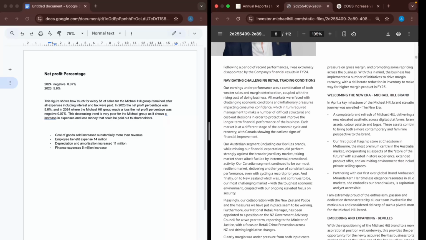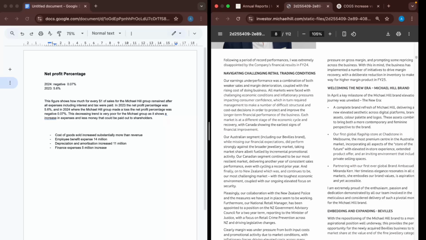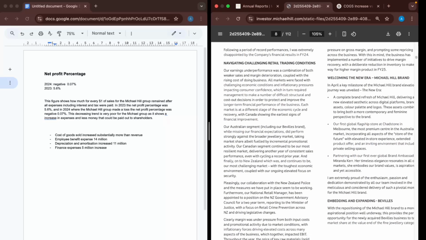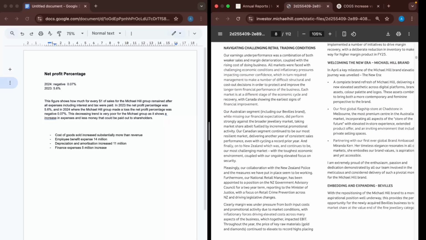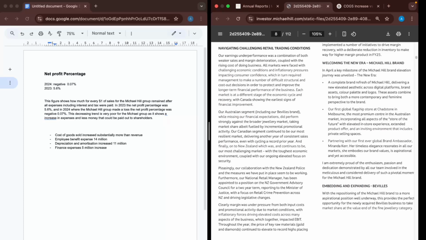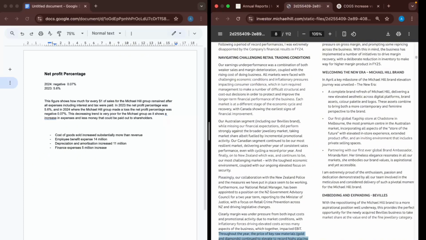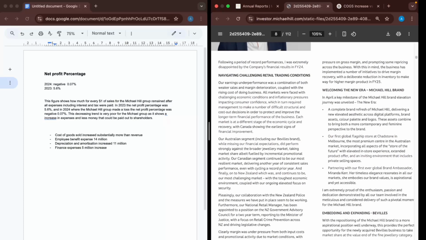Alrighty, guys, just reading through. Okay, so down at the bottom here, we see that the CEO says the price of key raw materials, gold and diamonds, continued to elevate to record highs, placing pressure on gross margin and prompting some repricing across the business.